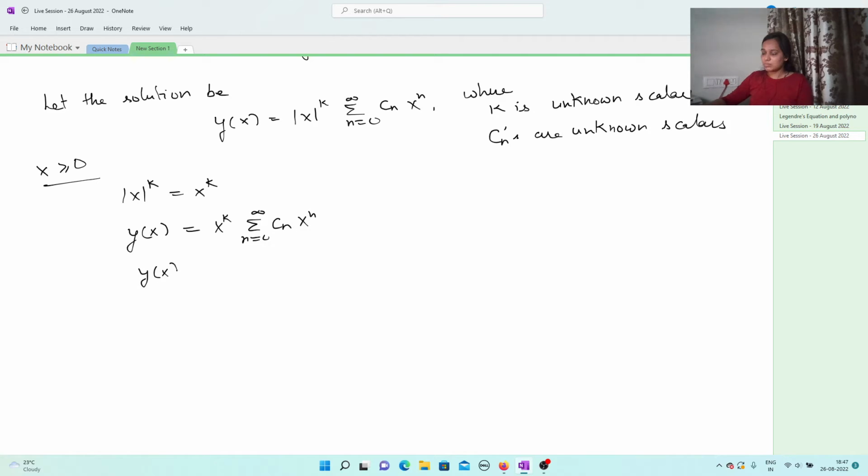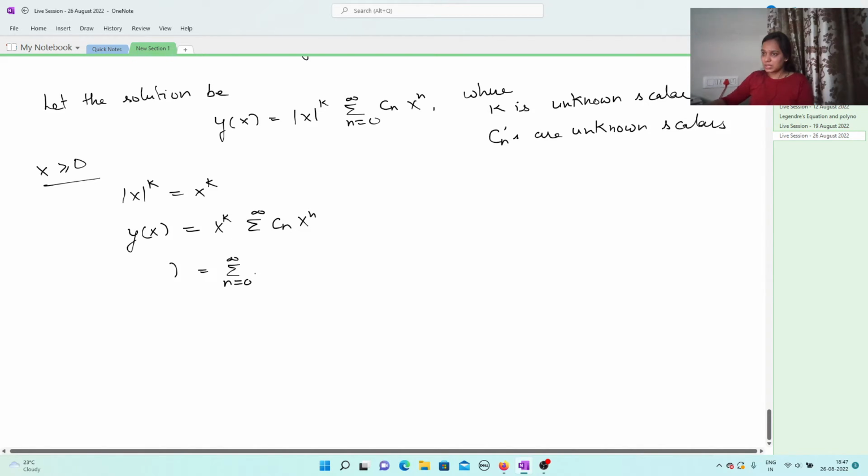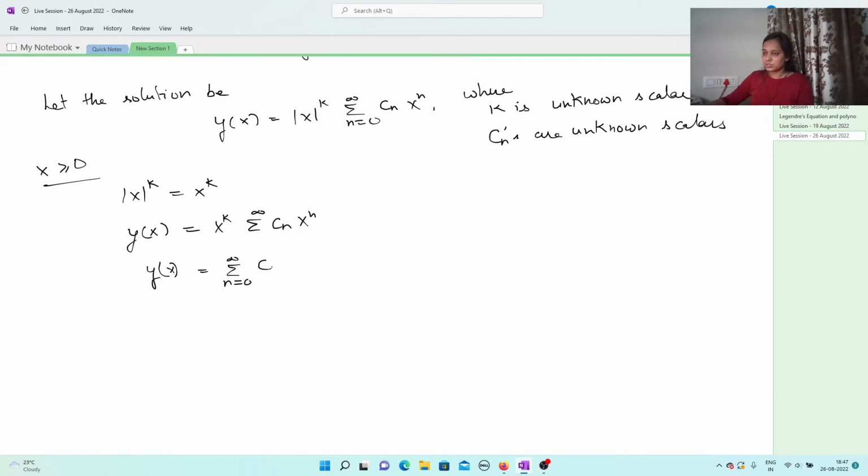Now y of x becomes summation n equals 0 to infinity, you can take this inside, Cn x to the power n plus k. Now if we differentiate it once, y dash x will be summation n equals 0 to infinity Cn into (n plus k) into x to the power n plus k minus 1.